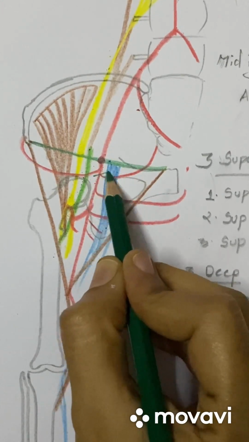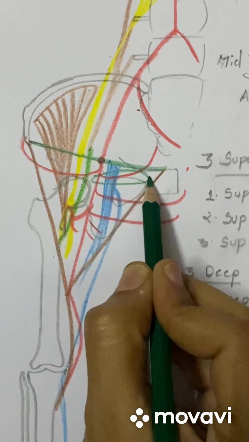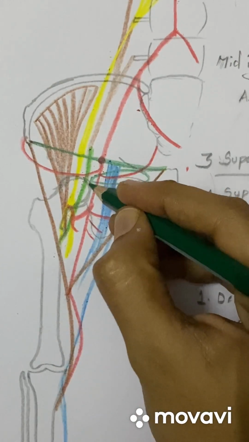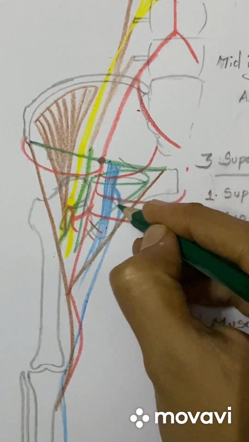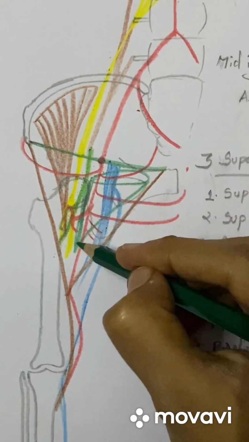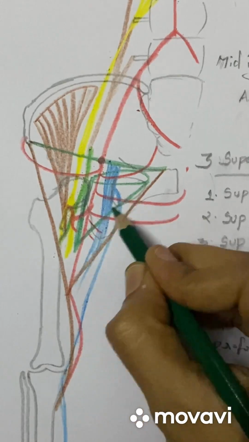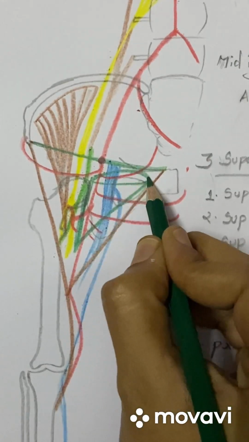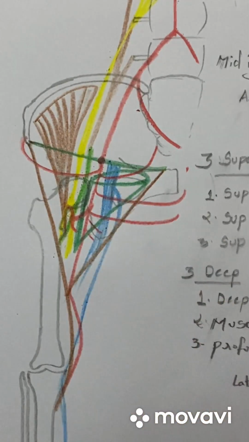Now there is a sheath which covers only the femoral vessels, that is the femoral artery and femoral vein, called femoral sheath, leaving the femoral nerve outside. So this femoral sheath has two walls, anterior wall and posterior wall.